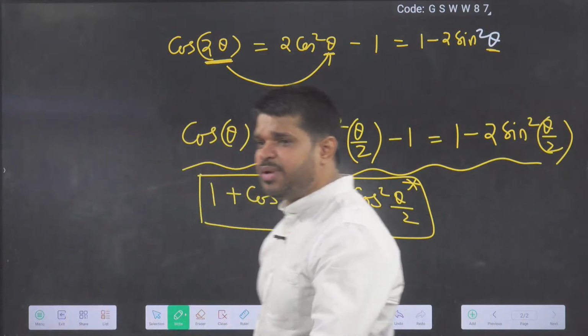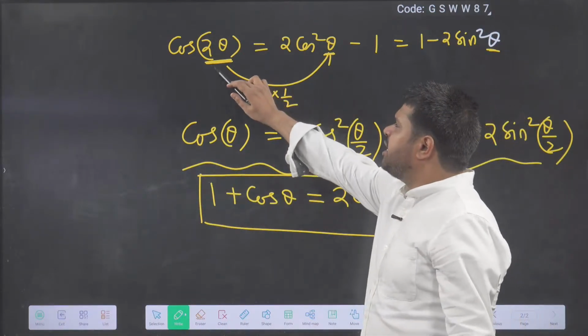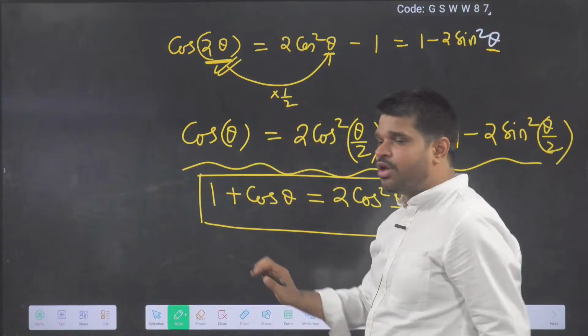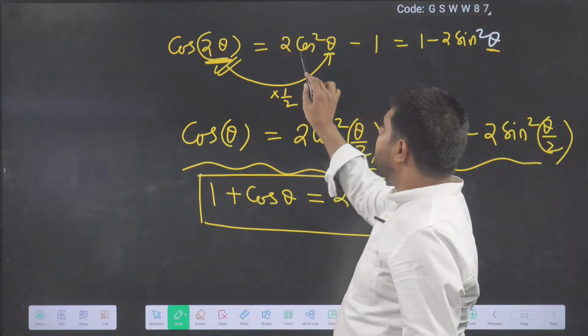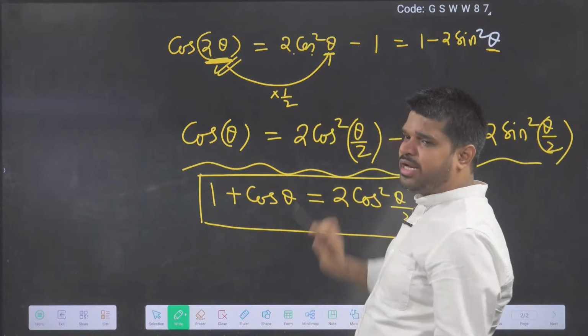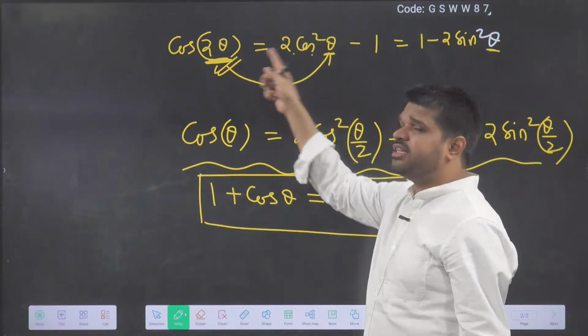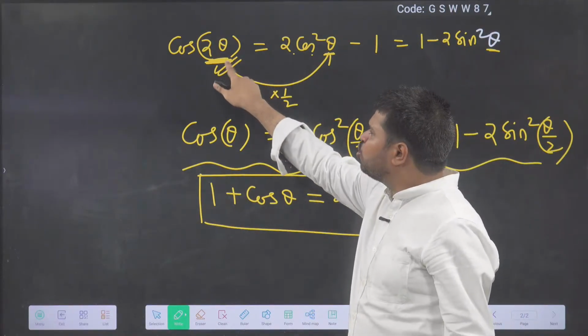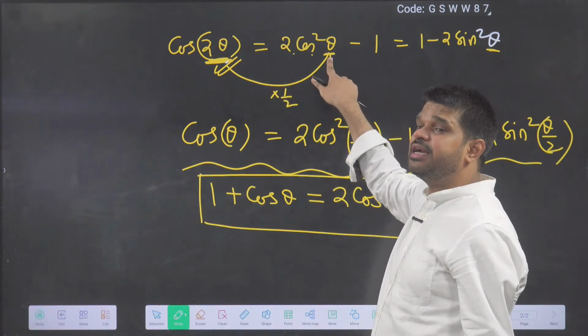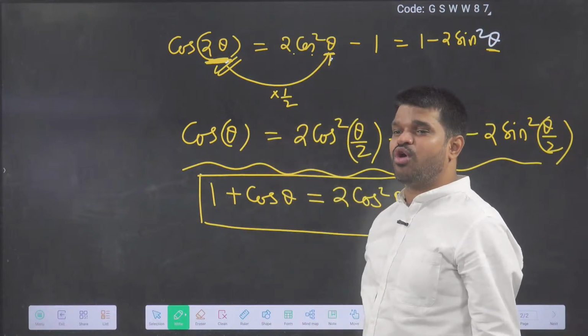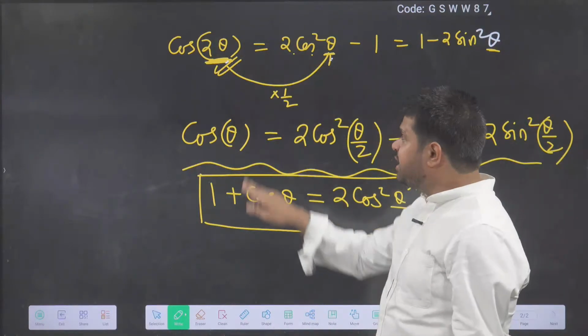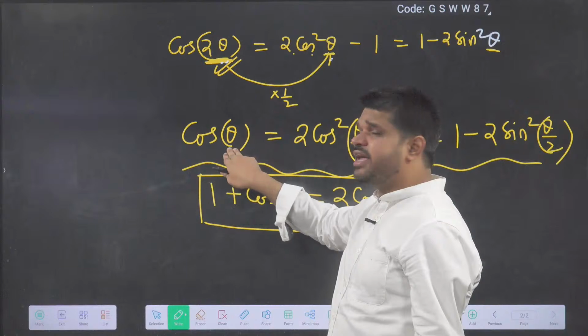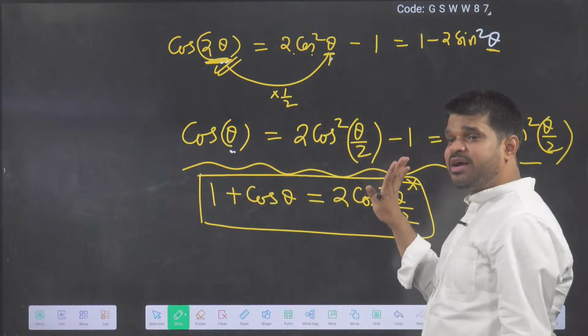Someone is asking to explain again. See, yesterday I told you this formula: cos 2 theta equals 2 cos square theta minus 1. Here I took 2 theta, and theta is coming here, which means the angle is becoming half. So instead of 2 theta, if I take theta, the angle must again become half.